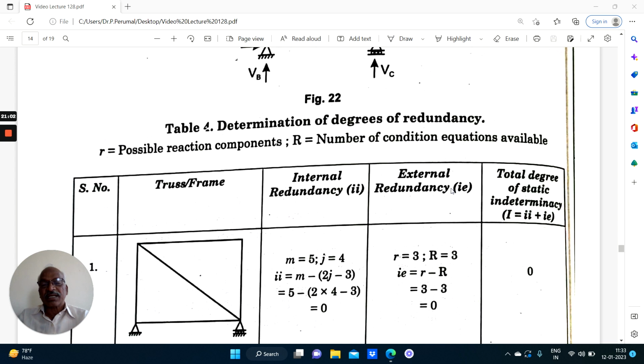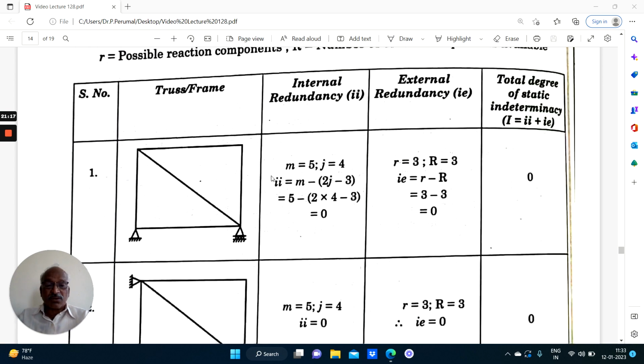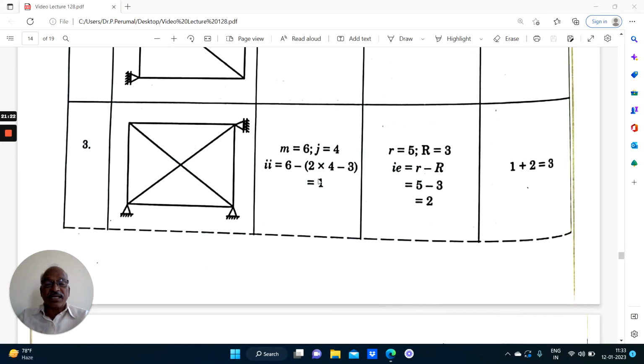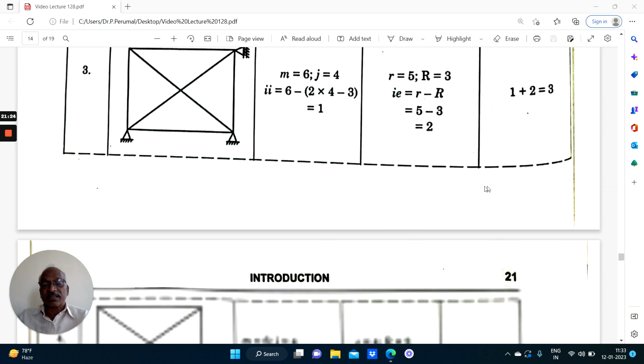Myself, my senior author and my guide, Dr. Vaidyanathan, and one more author, have published a book, Structural Analysis, Volume 3. So we have taken this material directly from that book. So II plus IE equal to 1 plus 2 equal to 3.